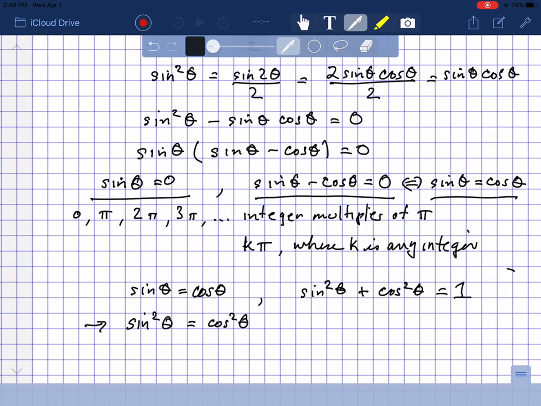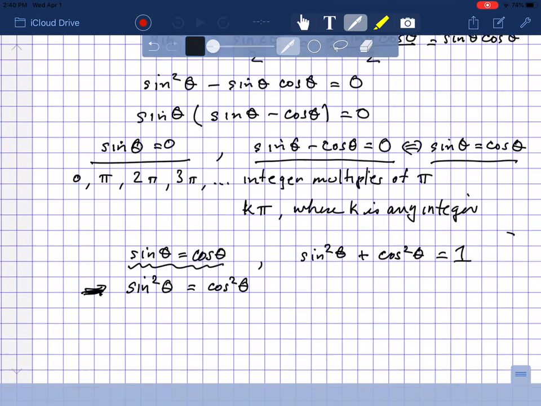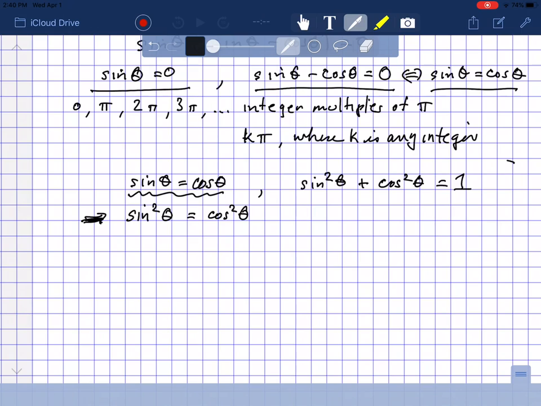Now, some of the solutions to this equation might be extraneous. In other words, I might find solutions to this equation which are not solutions to the equation that I really want to solve, this equation here, okay? But let's deal with that a little bit later.